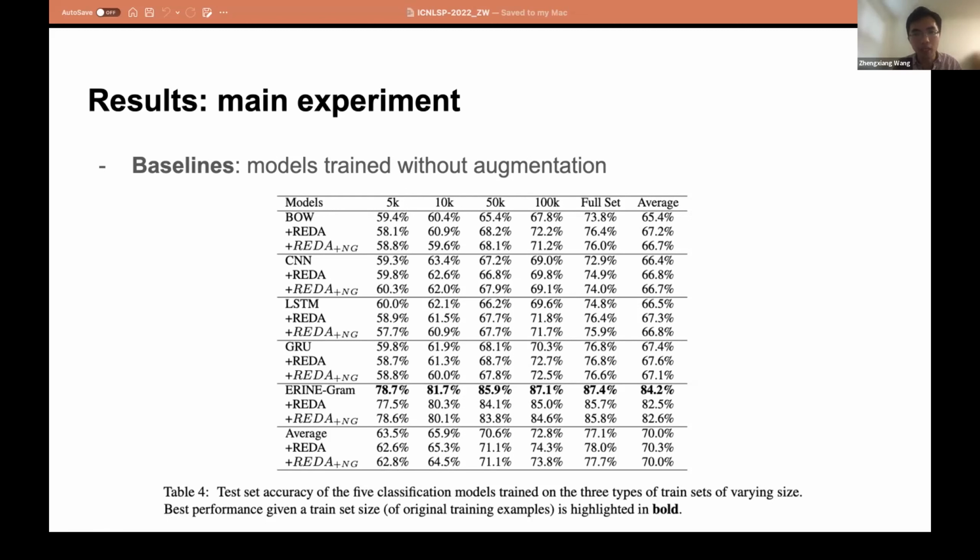As you can see in the first 2 columns, the performance is always the best when only the original examples are used. That means the baseline models are the best.